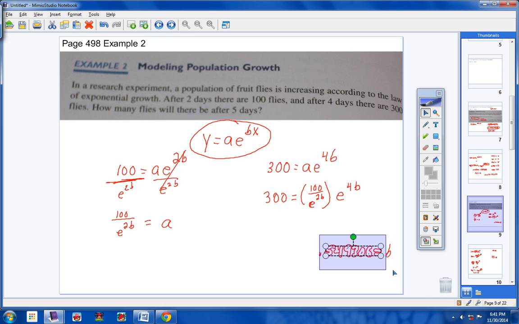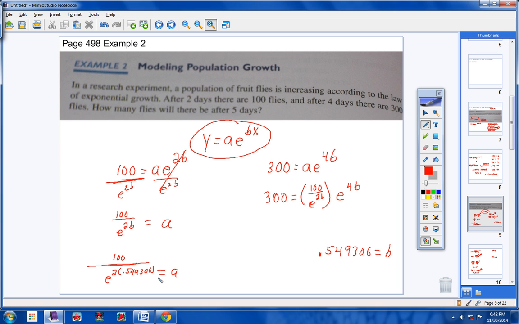So here's b right here. We just found it, okay? Here's a. Look at a, guys, right here. a is 100 over e to the 2 times what power? 2 times b. What's b? 0.54936. So now I can solve for a very quickly.